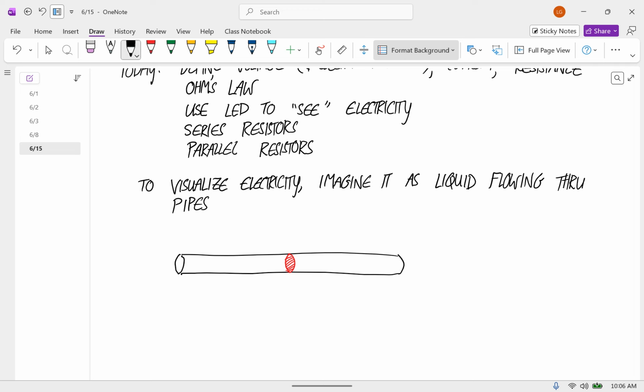You can think of liquid flowing through this pipe. This pipe has some thickness, and varying that thickness is going to be important to us. And this pipe, imagine it full of liquid.